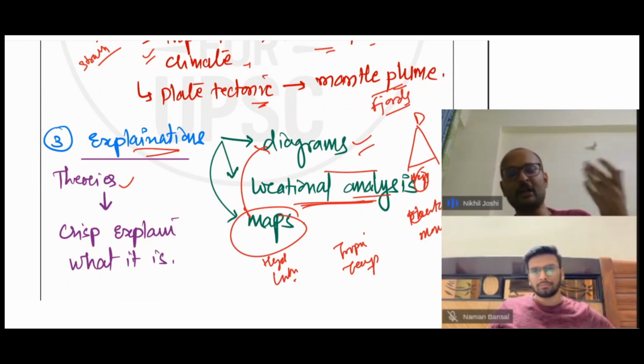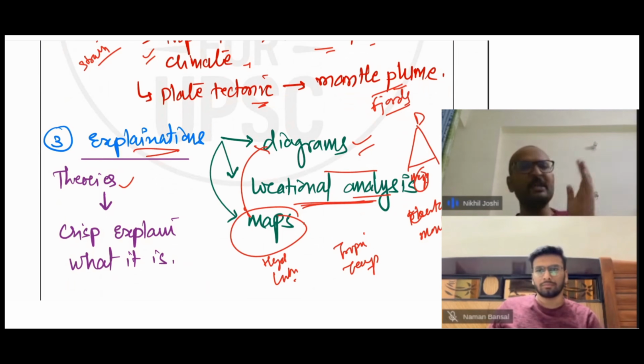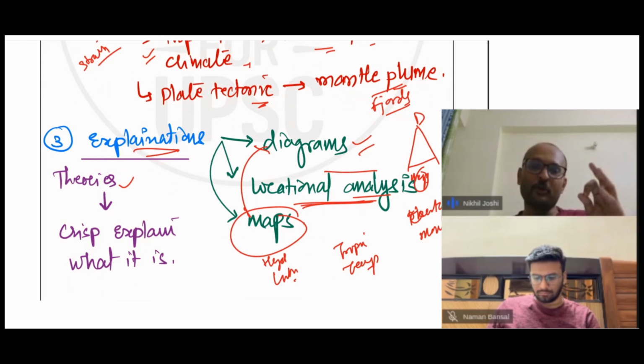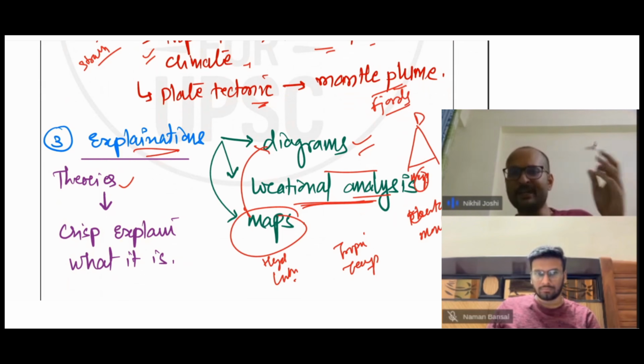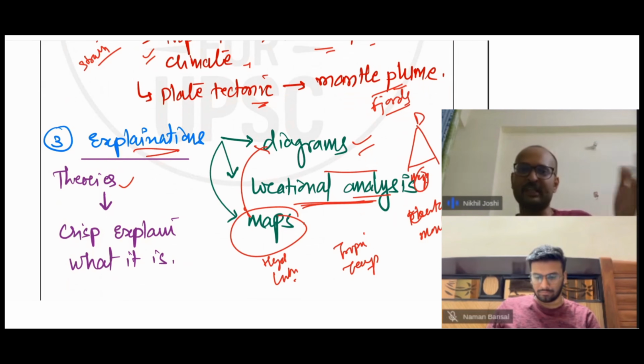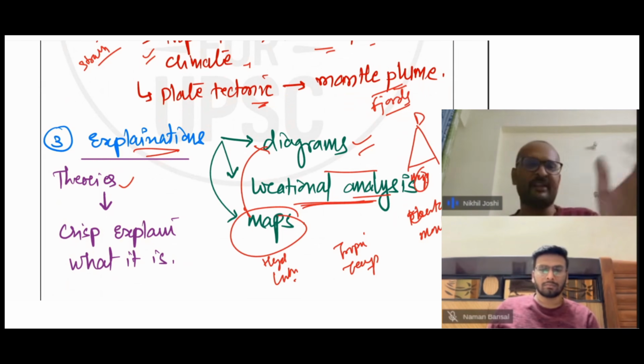Similarly, if you know what plate tectonics is, you will definitely be able to handle any question on mountain building, on hot spots, on mantle plumes, on trenches, and similar other topics. So the focus should be on highlighting what the theory actually is. To give you an exhibit, what is plate tectonics? Plate tectonics is a theory which talks about interaction of plates, which are lithospheric aggregates, very crudely and very crisply.